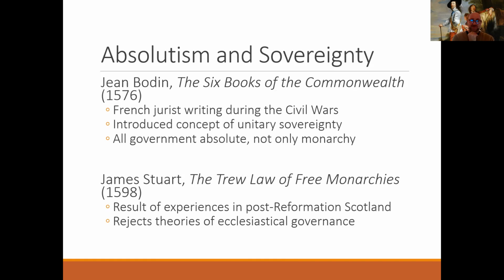And there were some theorists, many of whom were Huguenots, French Protestants, who wanted to argue that traditional French law meant you could restrain the king. It meant you could oppose him legally and all these sorts of things.